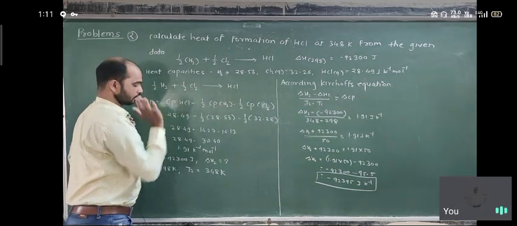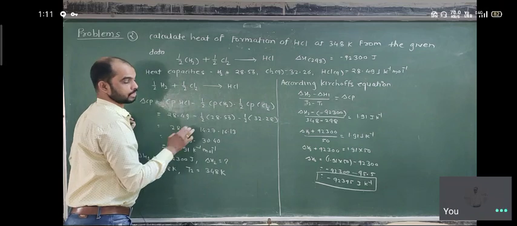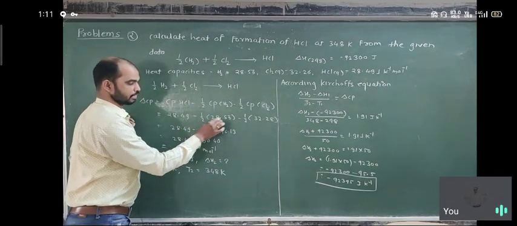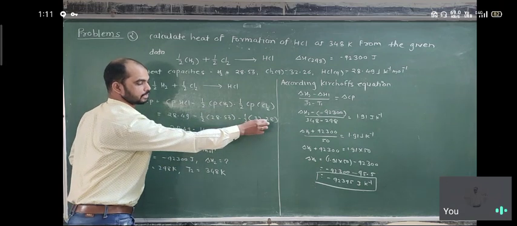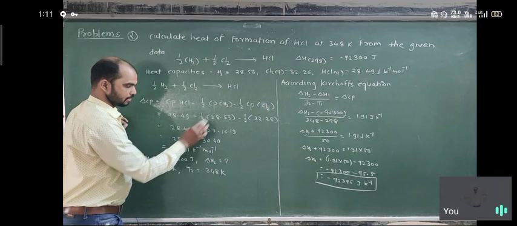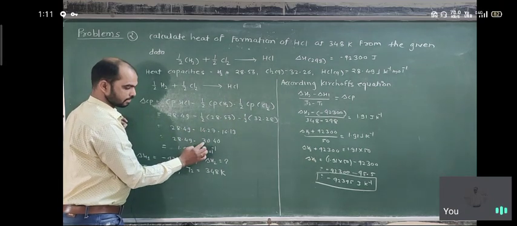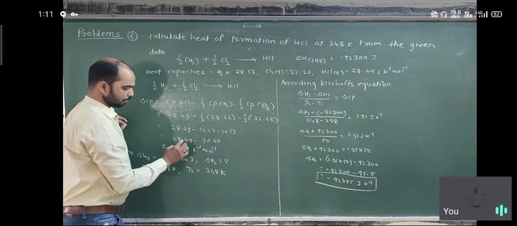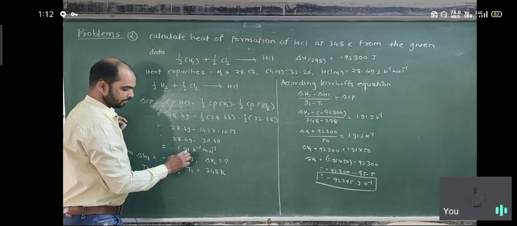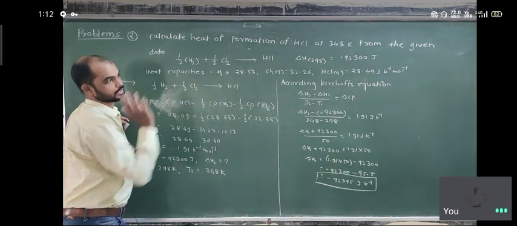So we put all the values here: 28.49 for HCl minus 1/2 of 28.53 minus 1/2 of 32.26. So the answer is 28.49 minus 30.40, which is minus 1.91 joule per Kelvin per mole, because the heat capacities are given in joule.